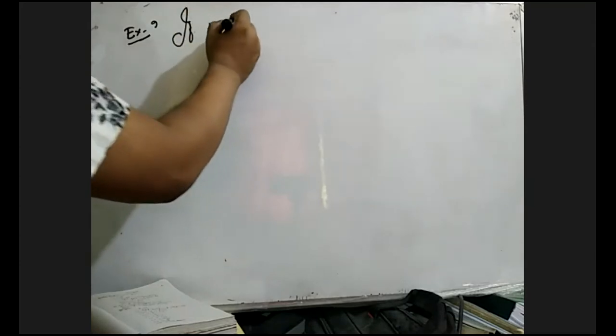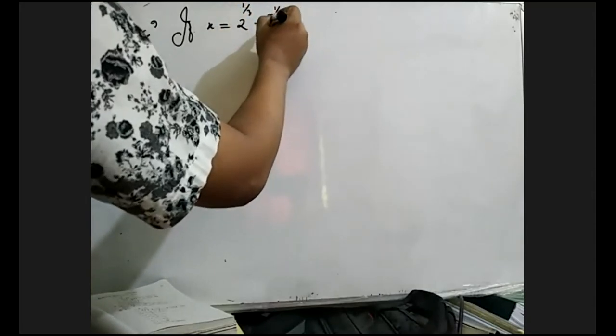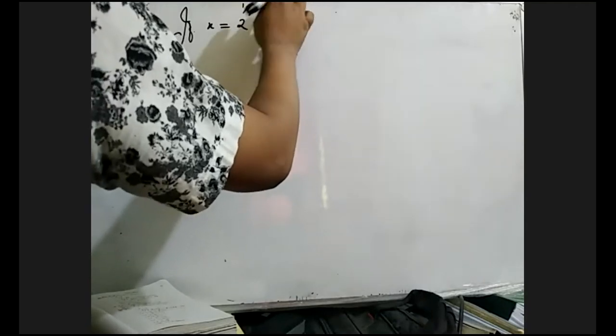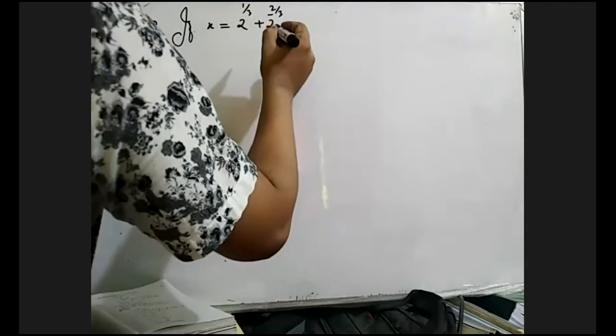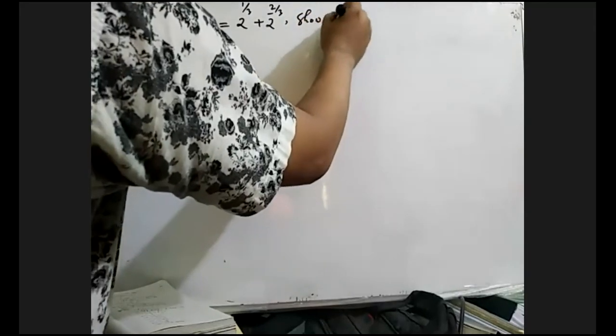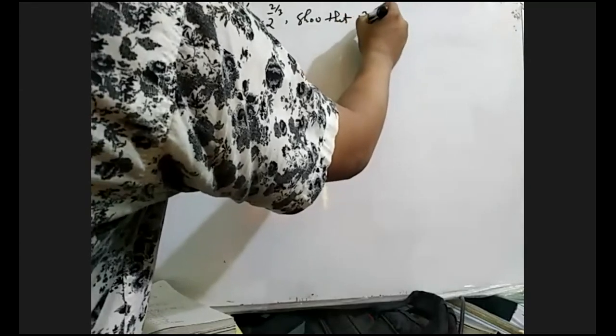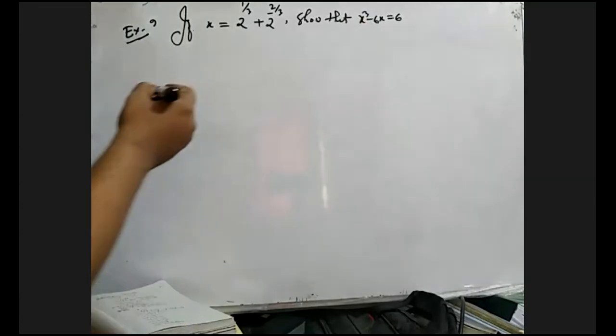If x equals 2 to the power 1 by 3 plus 2 to the power minus 1 by 3 minus 2 by 3, then show that x cube minus 6x equals 6.